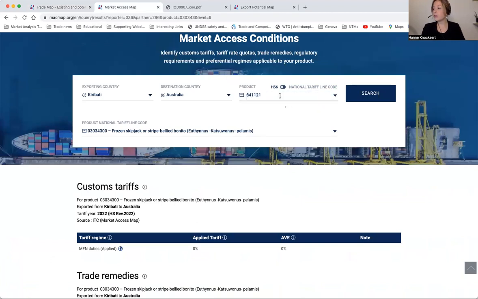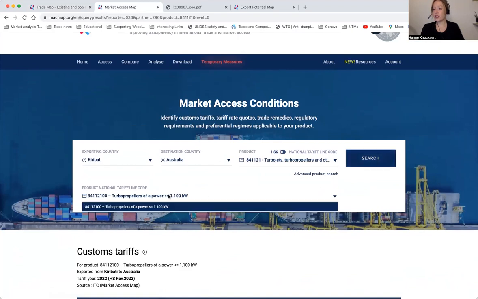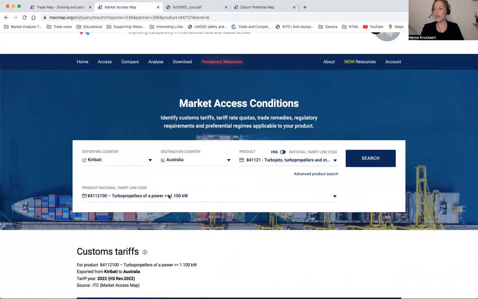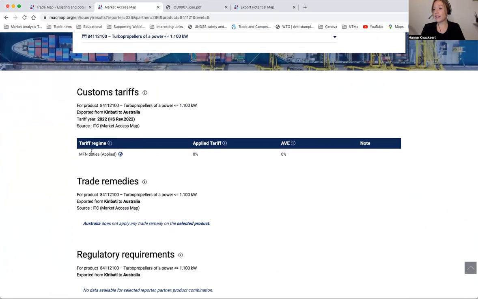So I fill out the code here on the home page of Market Access Map. I search, I get a list of the national tariff line codes that are underneath this HS6 level code. It's again one code only. And we again get a tariff line that is for the whole world, a 0%. So I need to find a different product.